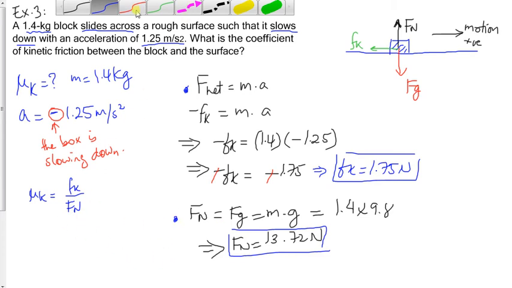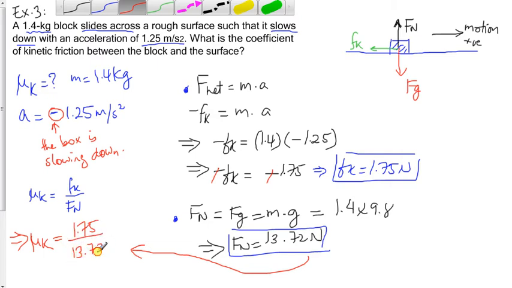I come back here. So mu k equals 1.75 divided by 14.72 (Fn). Mu k is equal to 0.147.